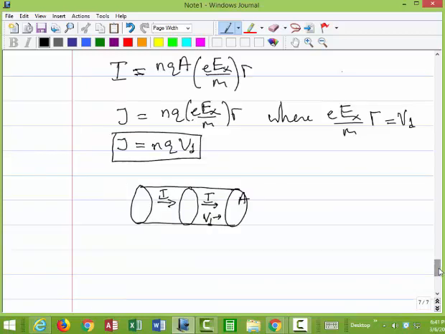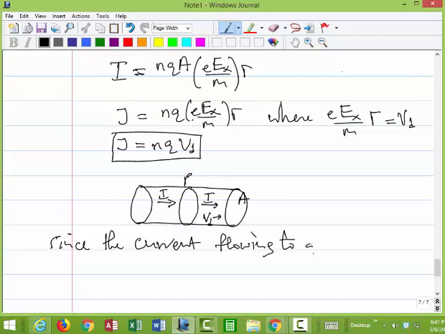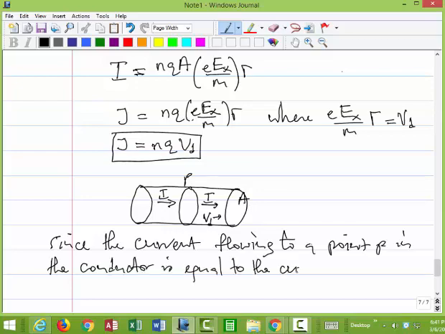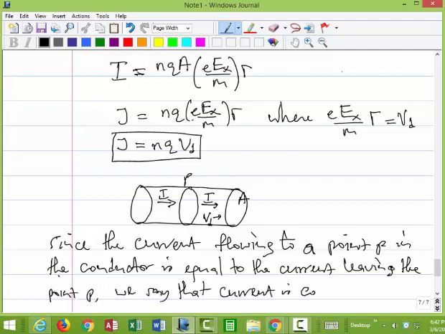So what this means is that the same amount of current flows from one segment of the conductor to the other, which means that current is conserved. Let's call this point P. Since the current flowing to a point P in the conductor is equal to the current leaving the point, we say that current is conserved.